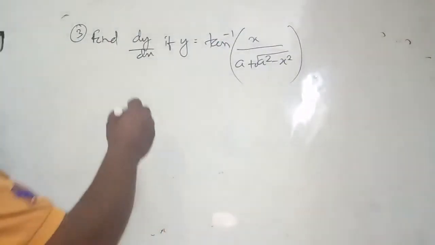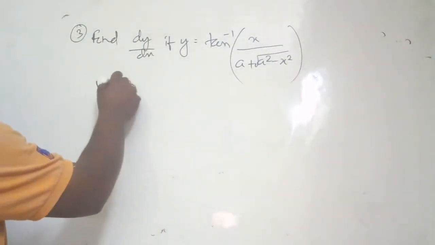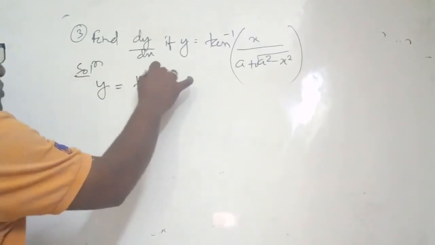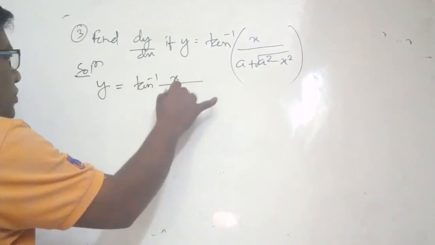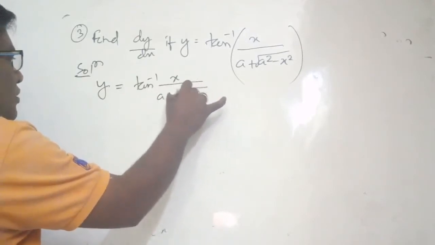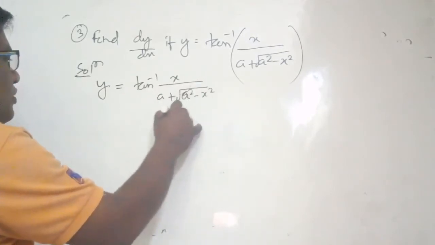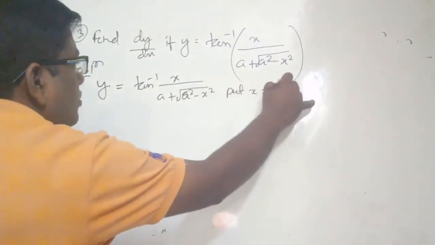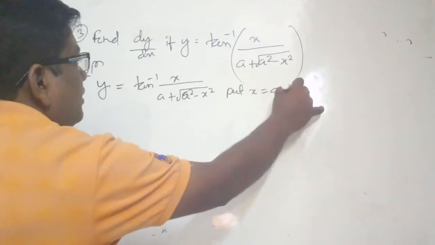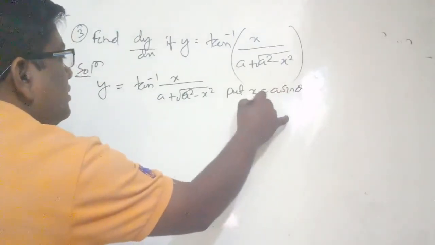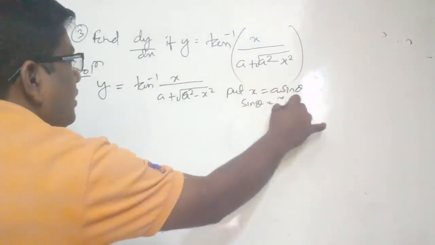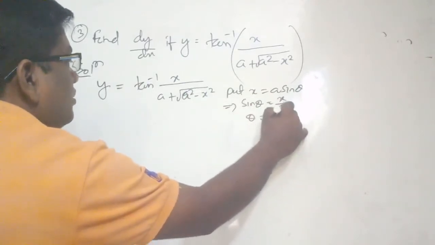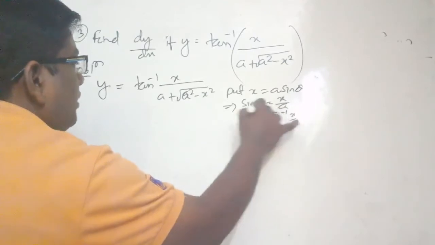So put x is equal to a sin theta, or sin theta is equal to x by a, or theta is equal to sin inverse x by a.